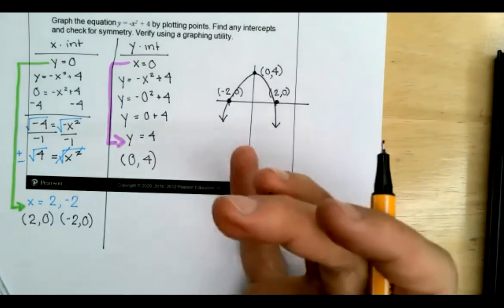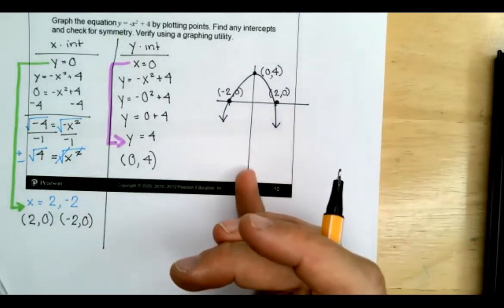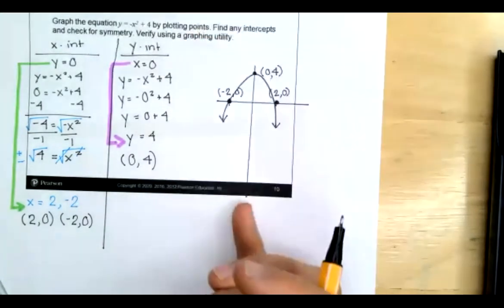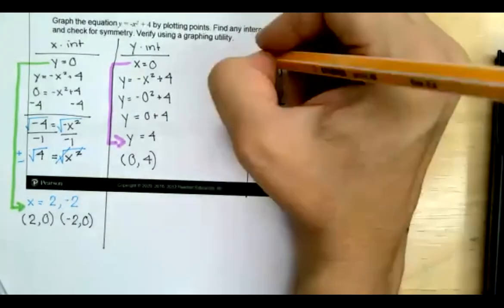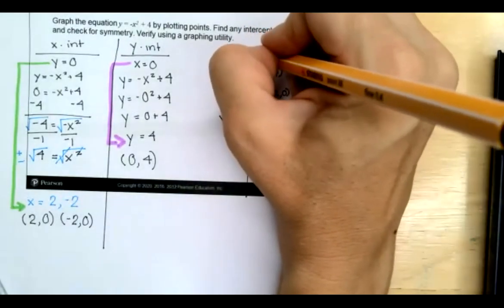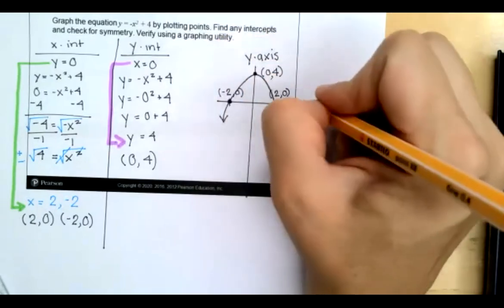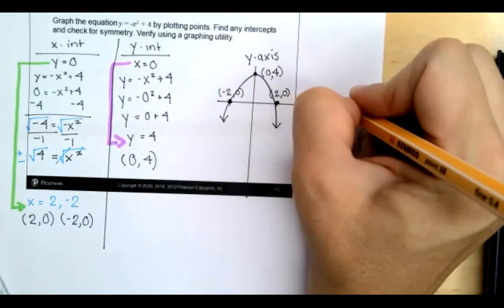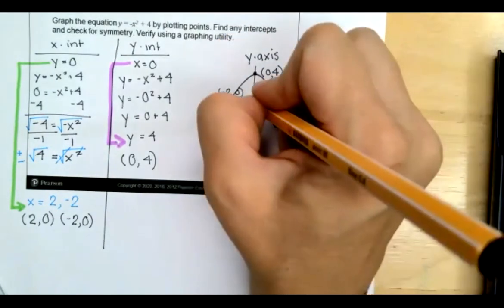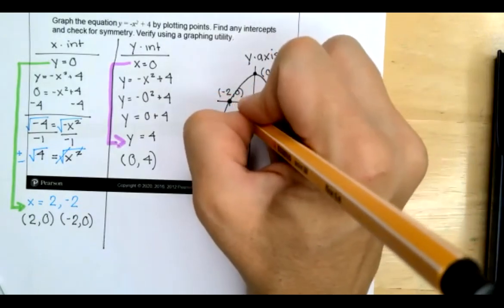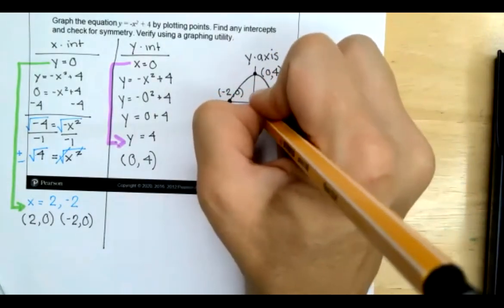Good. Just looking at what I graphed, where is our symmetry? We have symmetry along the, our choices are y-axis, x-axis, and origin.